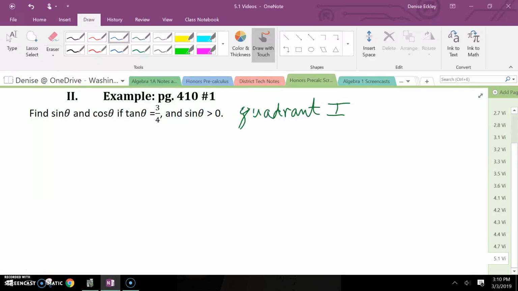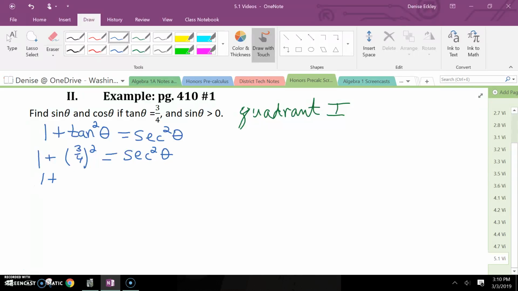So let's start with a tangent identity that is true, and that would be our Pythagorean identity. Our Pythagorean identity with tangent is 1 plus tangent squared of theta equals secant squared theta. Now that is a truth because it's an identity. So we can fill in what we have, which is tangent squared, and solve for secant squared theta.